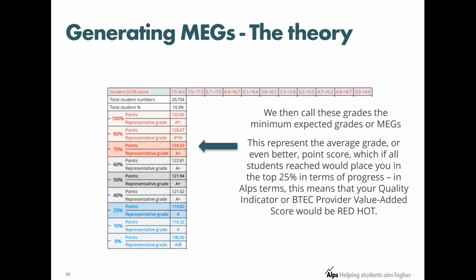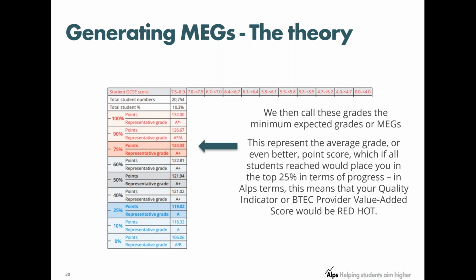If you're in BTEC, by the way, I didn't say it earlier, the BTEC provider value added is the equivalent quality indicator. So the quality indicator is everybody all in. If everybody gets their MEG, that dark red line, then you are in the top 25% of progress. There's your red line.